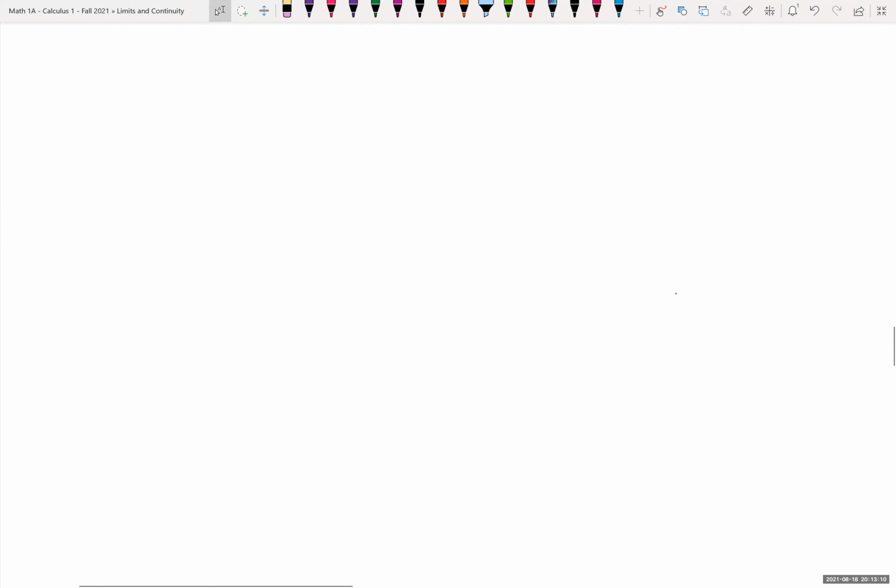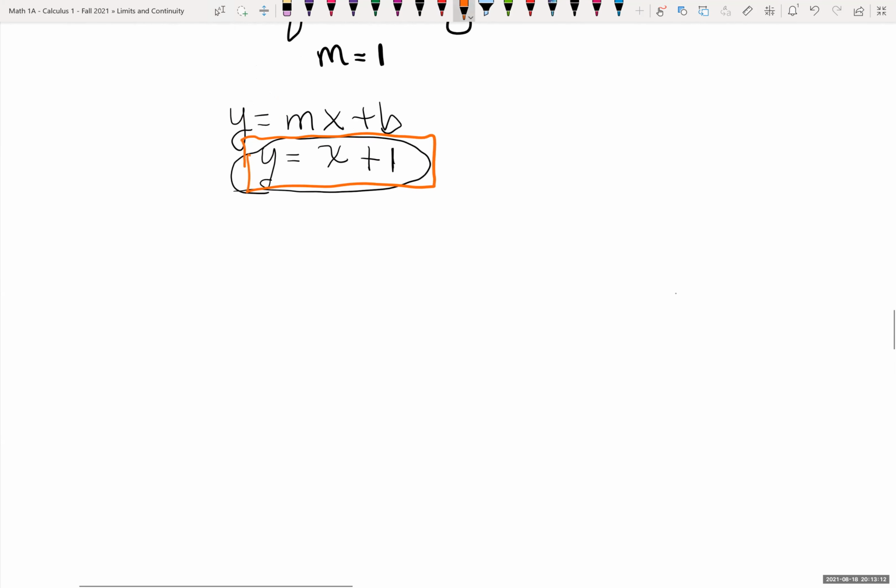Okay, so first equation, and then I'm just going to use f of x instead of our arcs of theta for now. Let's call f of x equal to the square root of 4x plus 1, all of that underneath the radical. And now we want to find the instantaneous rate of change at x equals 0.